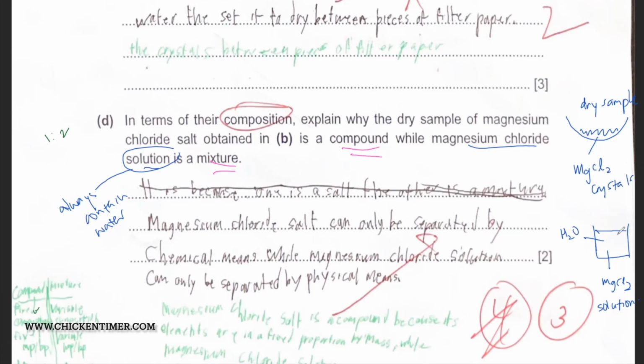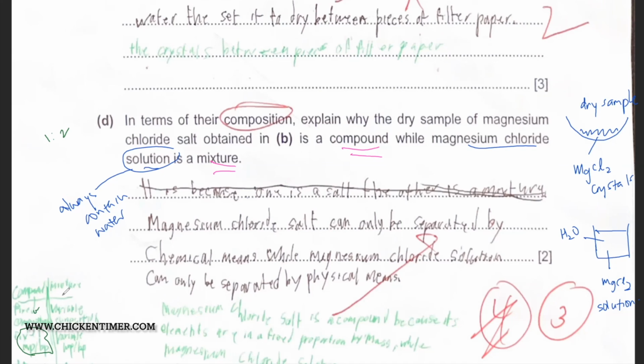Then the second case, where they talk about fixed melting and boiling point. If you have a compound, then the melting point and boiling point don't change. So if you have pure water, the boiling point is always 100 and the melting point is always 0.